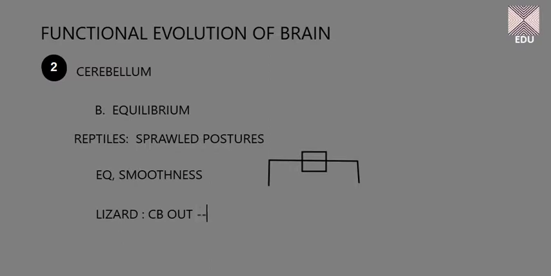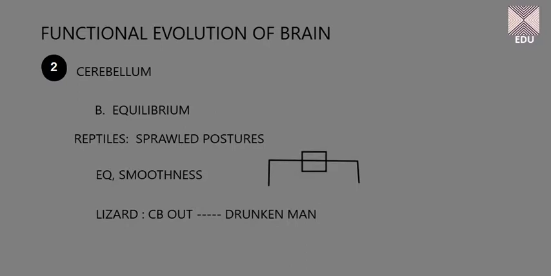What is the result? It walks just like a drunken man. That means if you take some alcohol, you are out of your senses, and now you are walking just like a drunken man. And the lizard without the cerebellum is just like that.